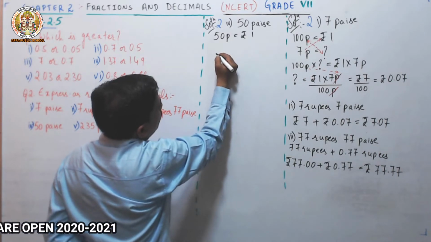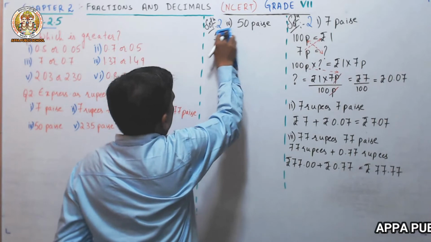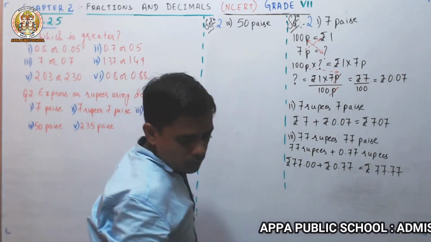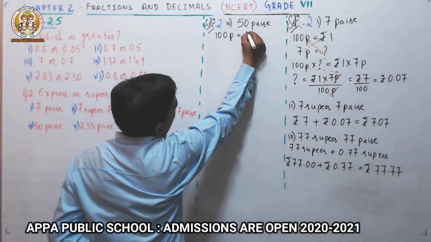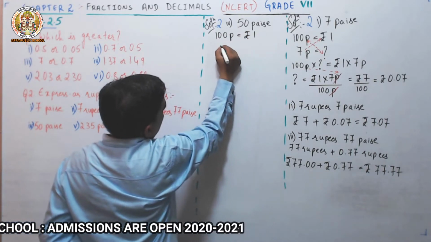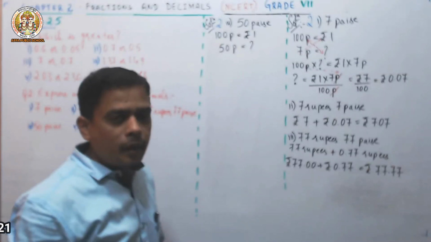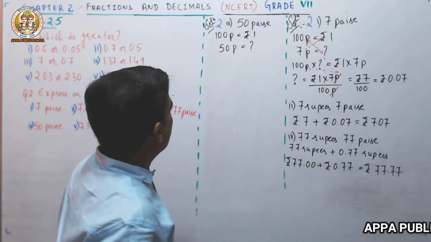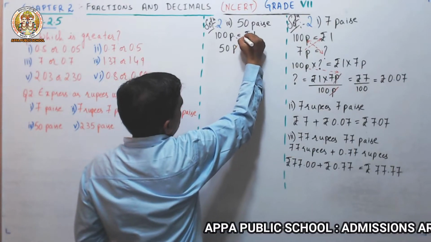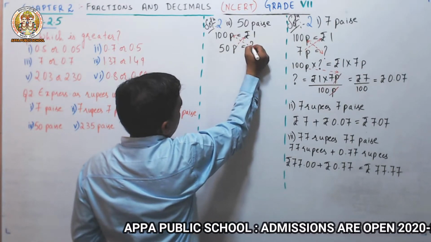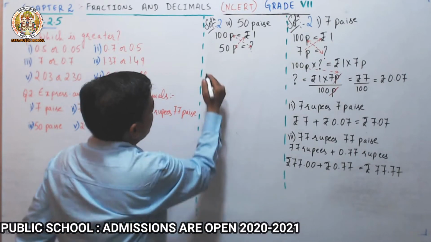So sorry, here you see please, 100 paise is equal to 1 rupee, 50 paise is equal to how much? So simple. We know that 100 paise is equal to 1 rupee and 50 paise is equal to how much? Once again you cross multiply these two. If I cross multiply, how much I will get?